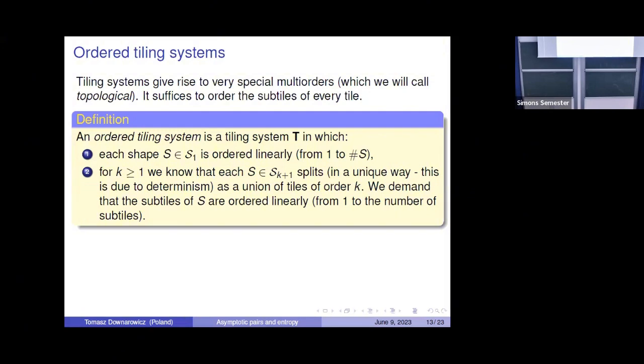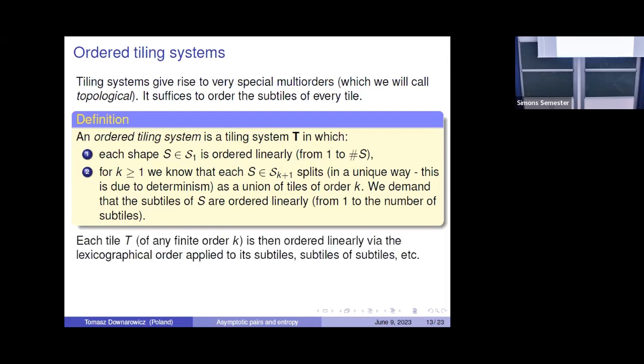And then because of the congruency and determinism, each shape of the next generation tiling splits in a unique way as a union of tiles of order k. So we demand that the subtiles are also ordered linearly from 1 to the number of subtiles. And by lexicographical order, these partial orders on the tiles produce an order on each tile of any generation.